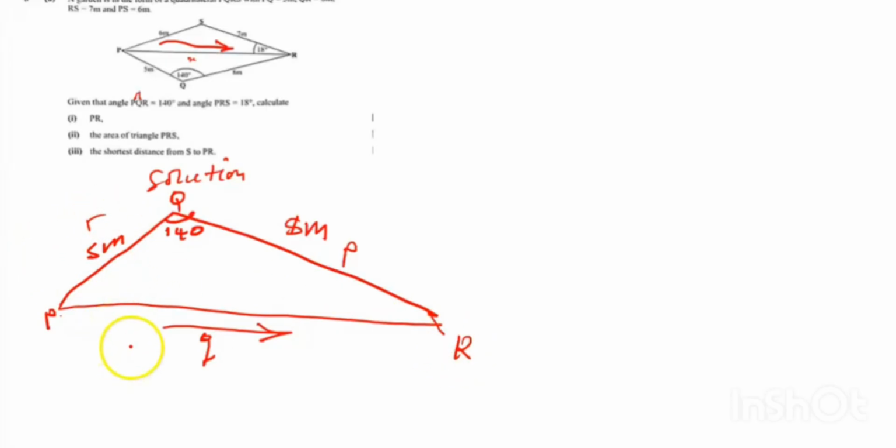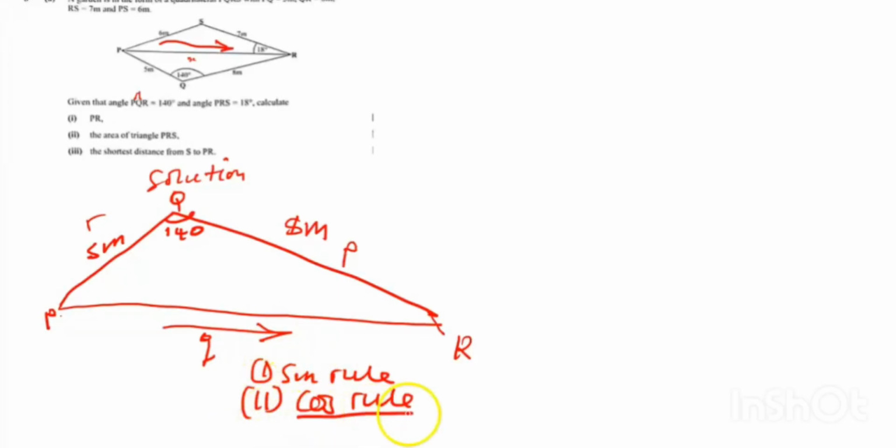So now there are 2 rules which you should follow to find the length of this triangle here. There are 2 rules in trigonometry which we should follow, which is the sine and cosine law. So in this case, we are going to use cosine law because we have been given 2 sides and the angle in between.